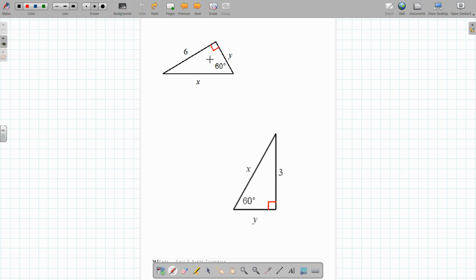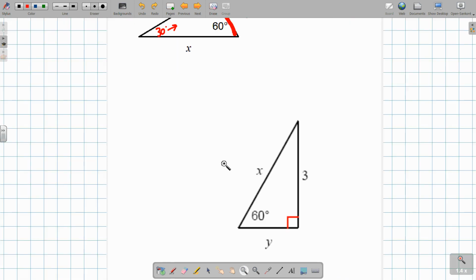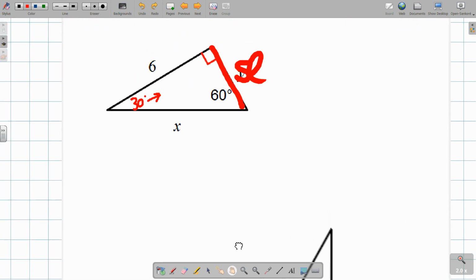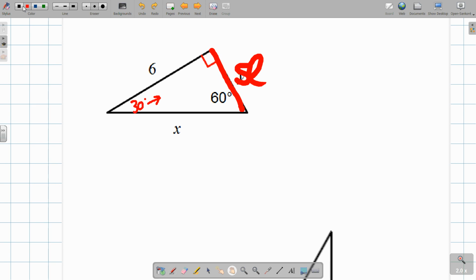Always start by identifying your short leg. We're going to do 2 more together. That's my 30 degrees, so that means my short leg here is Y. So I'm just going to put SL. 30, 60, 90. Short leg root 3, short leg times 2.